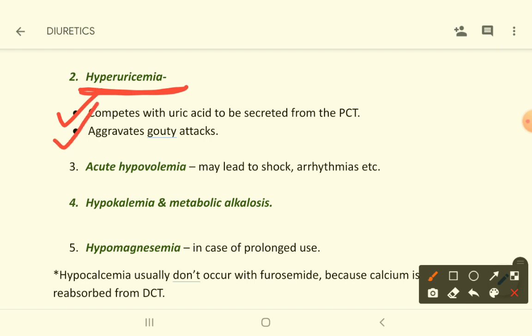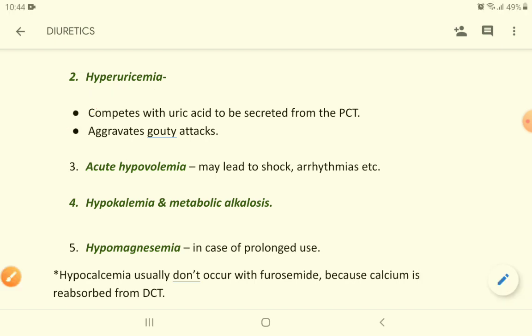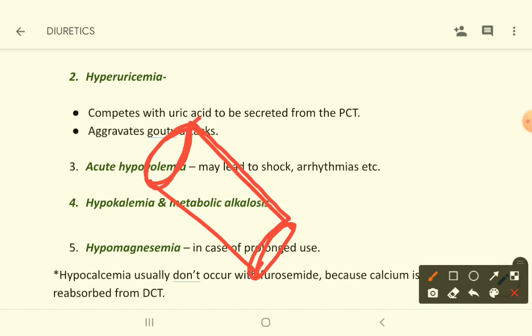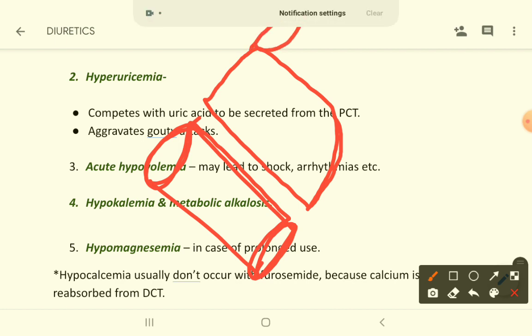So how is hyperuricemia caused? Suppose this is your blood vessel, the renal blood vessel, maybe the peritubular capillary. This is your epithelial cell of the proximal convoluted tubule, and here is your tubular lumen.